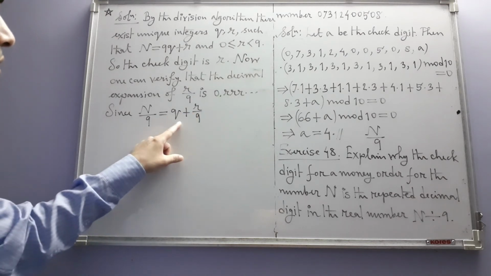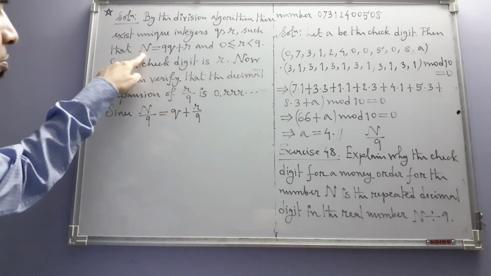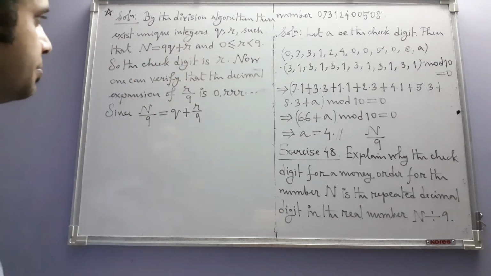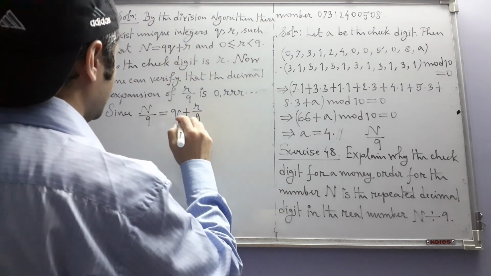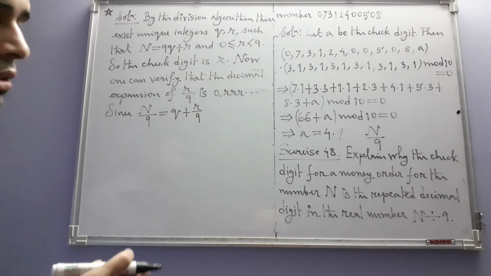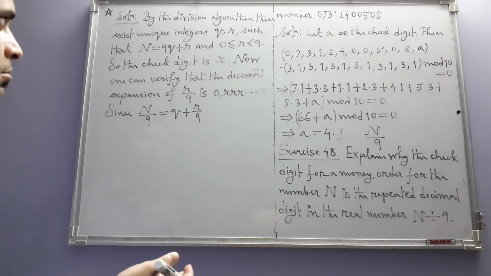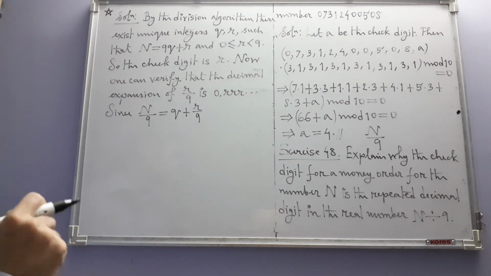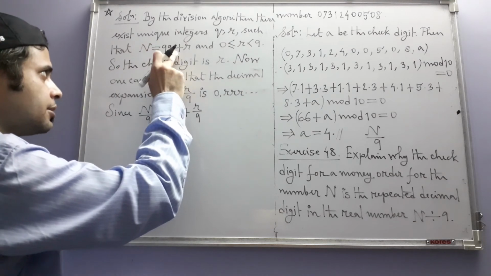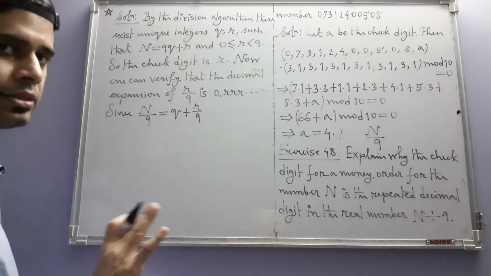Now since capital N is positive, Q is positive, R is also positive, and capital N is a check digit number, so this capital N is not less than 9. When capital N is less than 9, Q will be equal to 0 and R will be equal to N. That case does not arise.